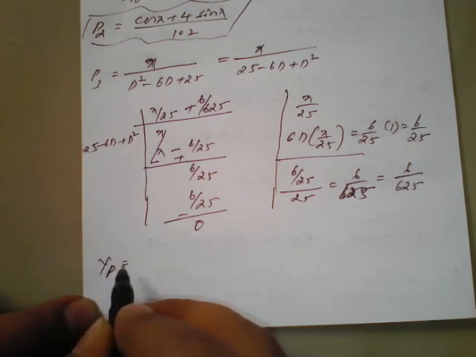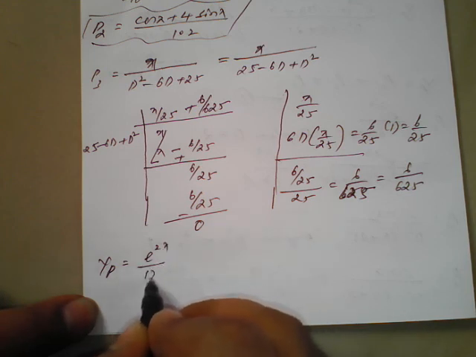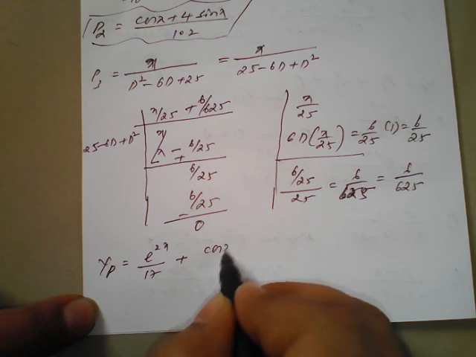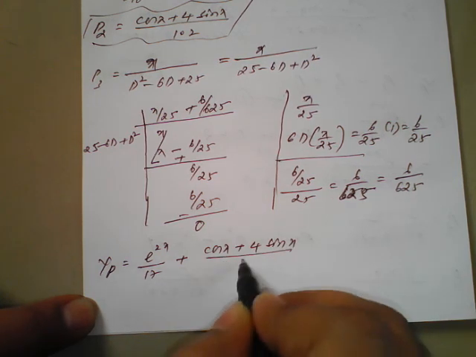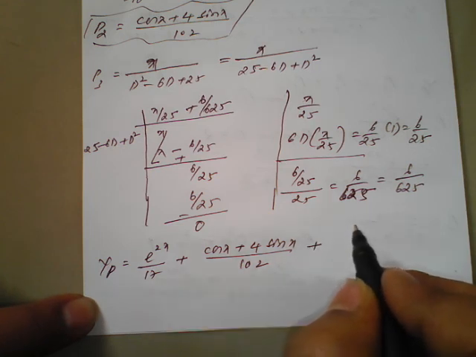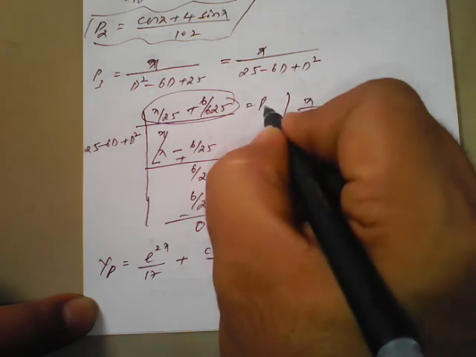So therefore our YP will be the P1 answer. How much did you get? You write it: e raised to 2x upon 17, plus our P2 answer, cos of x plus 4 times sine of x divided by 102, plus our P3 answer, this is the quotient, this is our P3 answer.